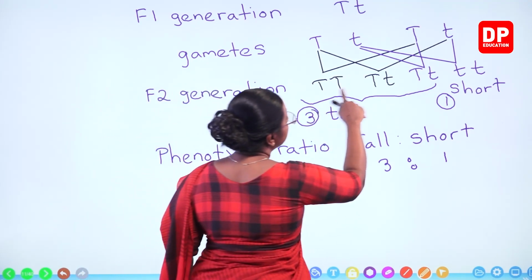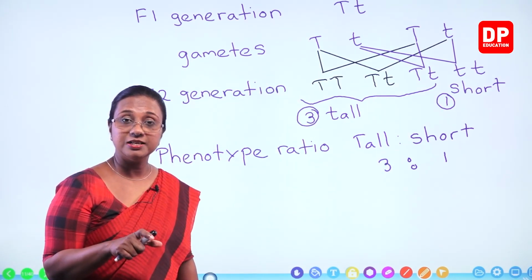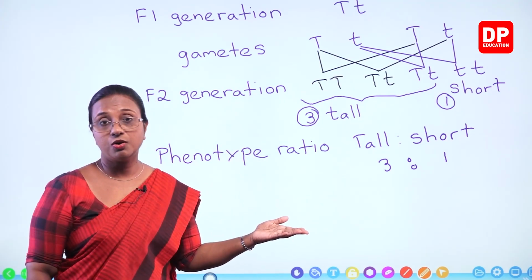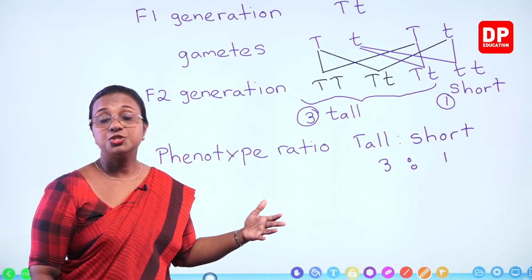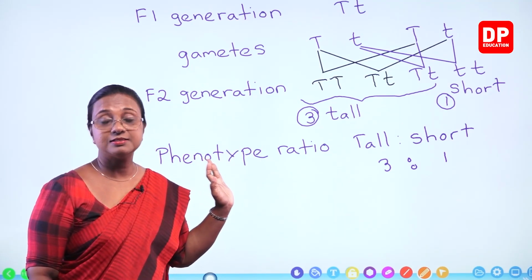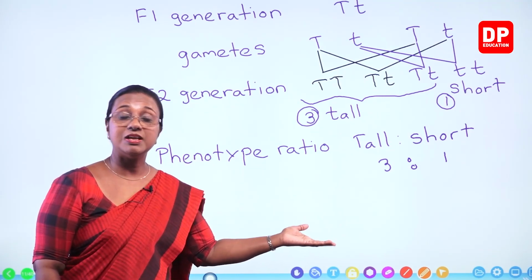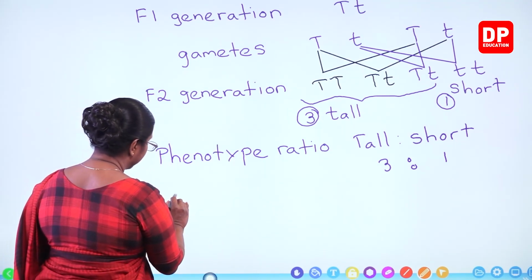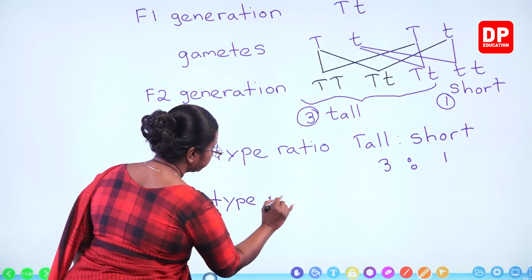And here, these factors, capital T, the homozygous tall character. Capital T, simple T, heterozygous tall character. Then simple T, homozygous short character. Those factors responsible for these characters are known as genotypes. We will be discussing genes when we discuss the concept of genes, but here you will have to remember they are known as genotype ratio.